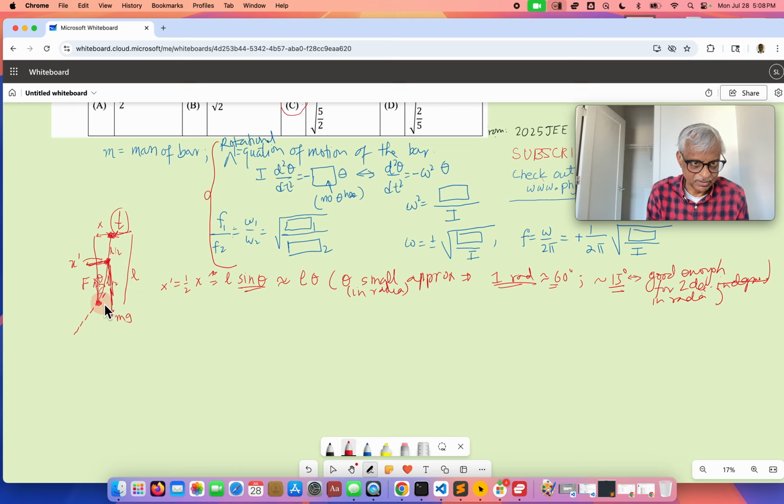So what are the torques from all these forces? So this is, let's call it F.